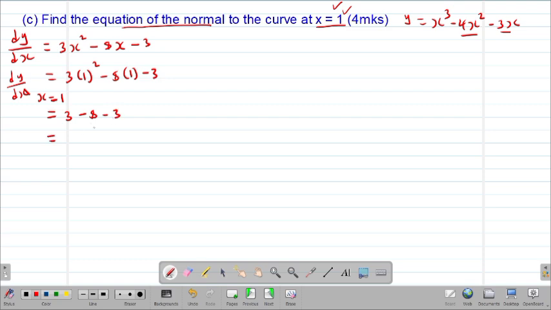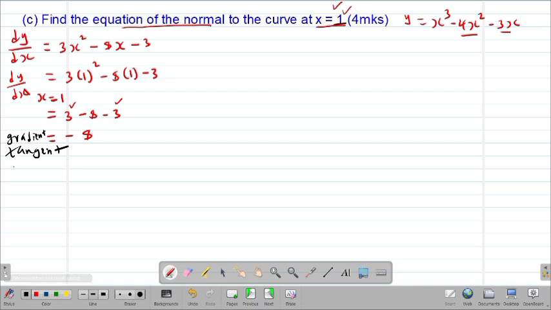Of course 3 minus 3 gives 0, so we remain with our gradient as negative 8. So remember, negative 8 is the gradient of the curve, which is always equal to the gradient of the tangent. So this is the gradient of the tangent to the curve at the point x equals 1.